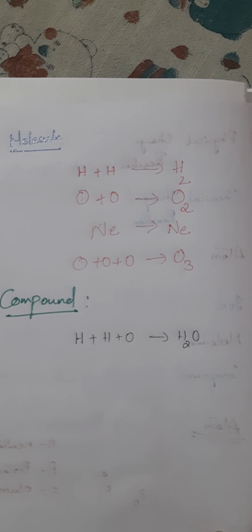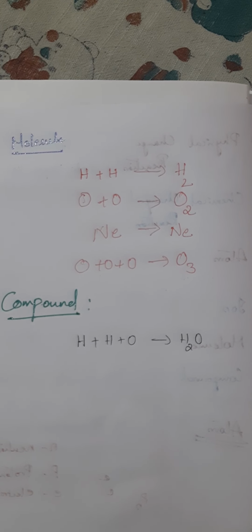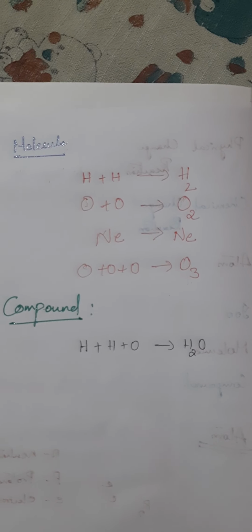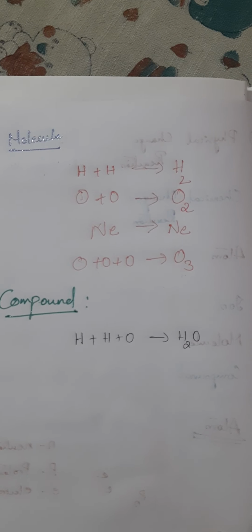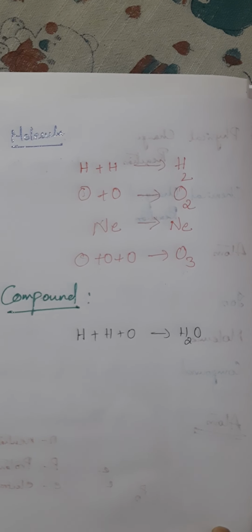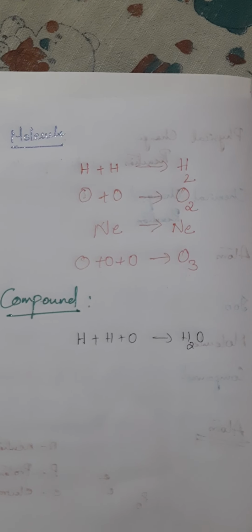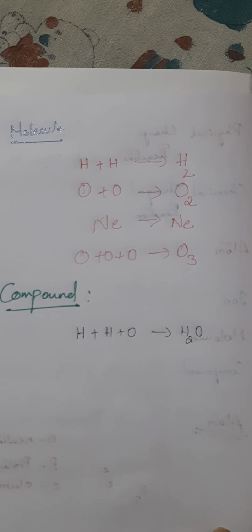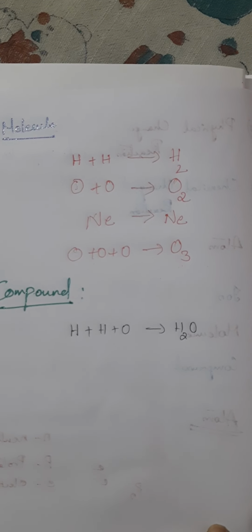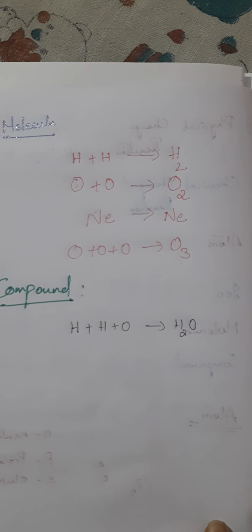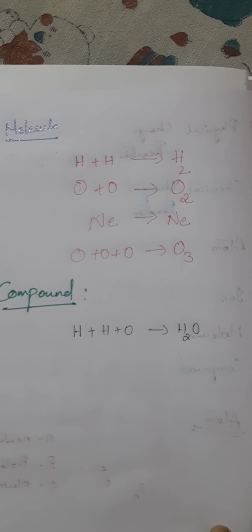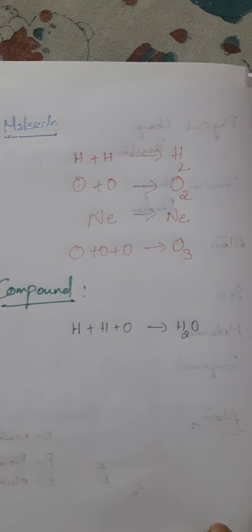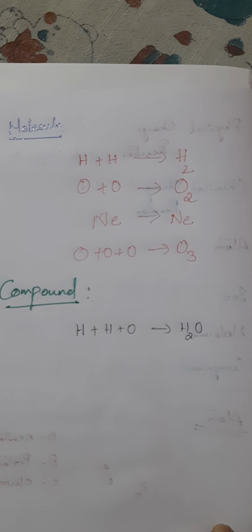If the atoms of the same element combine to form a molecule, we call it a molecule of an element. But if different elements combine to form one molecule, we call that product a compound, and we call that molecule a molecule of a compound. Example, water, which has two elements in it, hydrogen and oxygen.